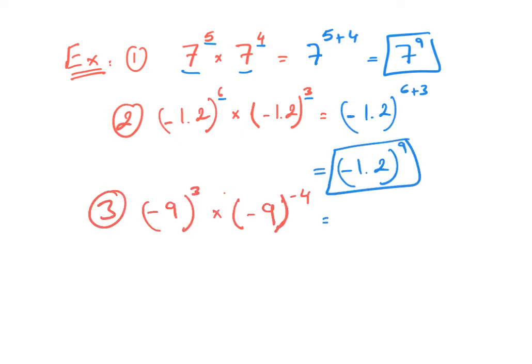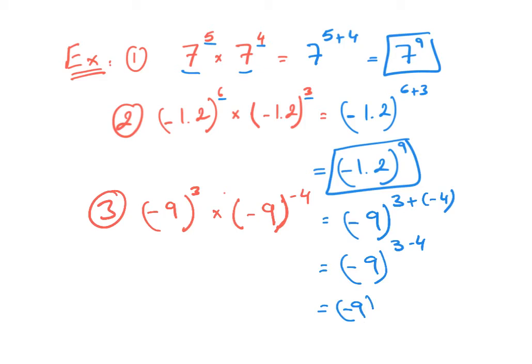All right, so I got this example number 3. We have negative 9 to the 3rd power times negative 9 to the negative 4. So we're going to keep the base here, which is negative 9, and we add the exponents. It's going to be 3 plus negative 4. Now 3 plus negative 4 is the same thing as 3 minus 4. What we do here is take the difference between 3 and 4, which is 1, and the sign goes to the larger number, which is negative.